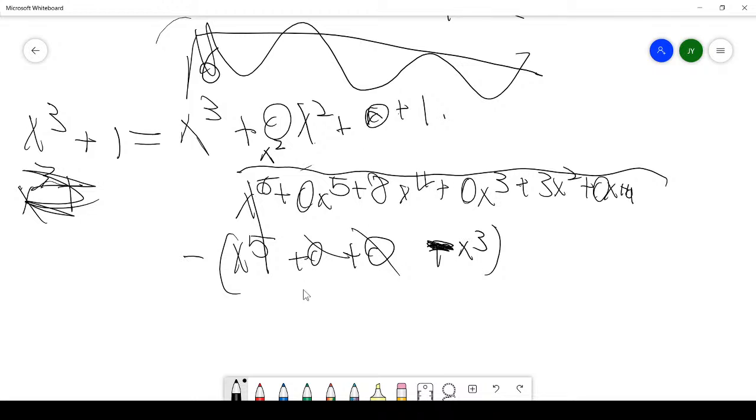To write this out, this becomes x to the fifth, x to the fourth, minus x to the third, plus 3x squared, plus 0x plus 19.